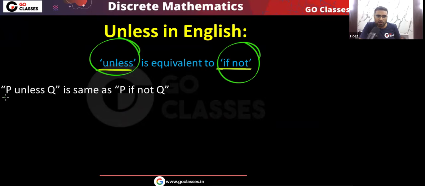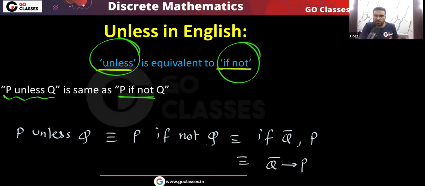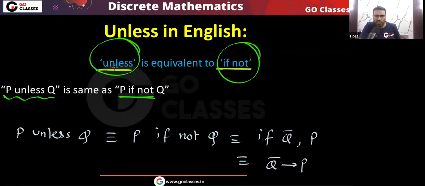So when you have P unless Q, you can write it as P if not Q. That is, if Q bar, then P, and that is Q bar implies P. Is this clear? Very simple, right? Remember, unless is the same as if not.